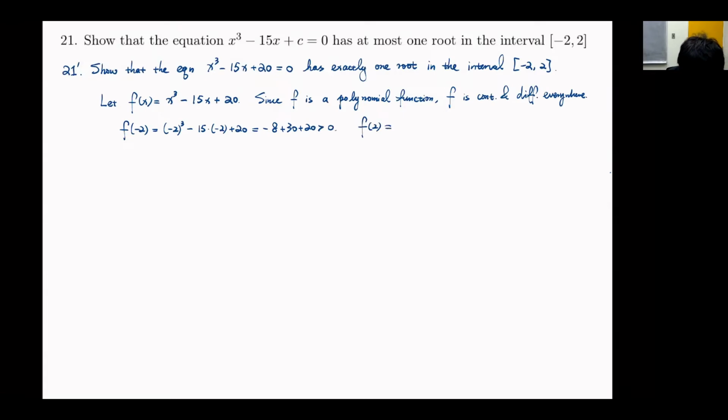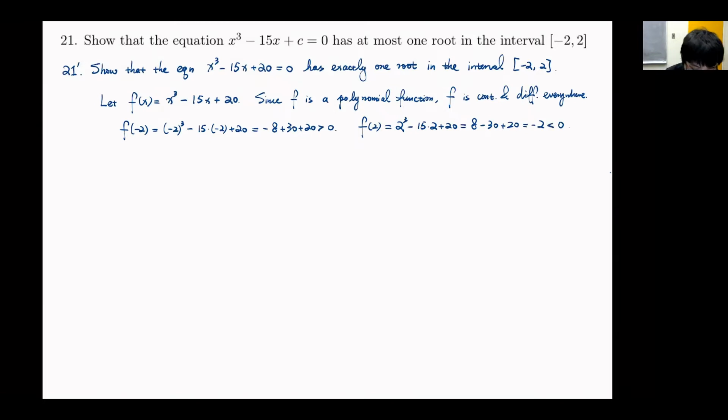Okay, so how about f of 2? f of 2 will be 2 cubed minus 15 times 2, and then plus 20. So this will be 8 minus 30 plus 20, that will be 28 minus 30, that will be minus 2, which is less than 0.